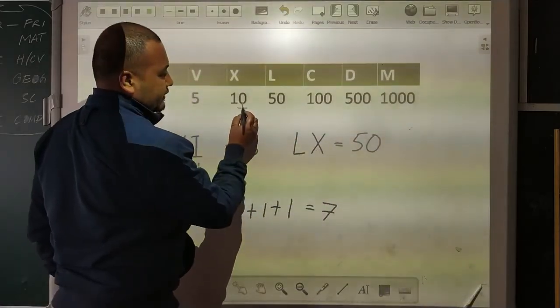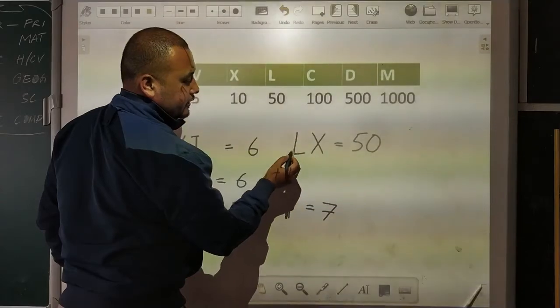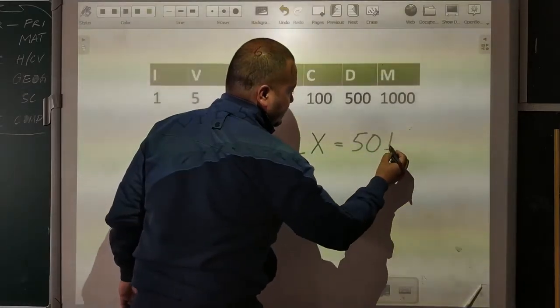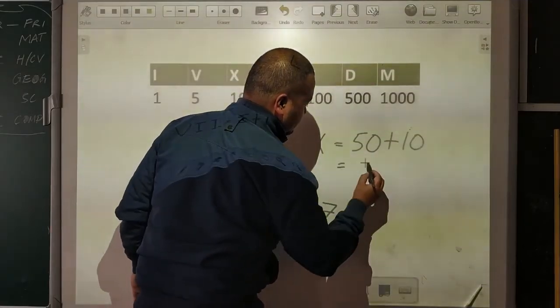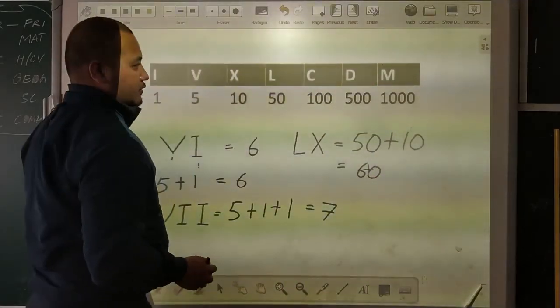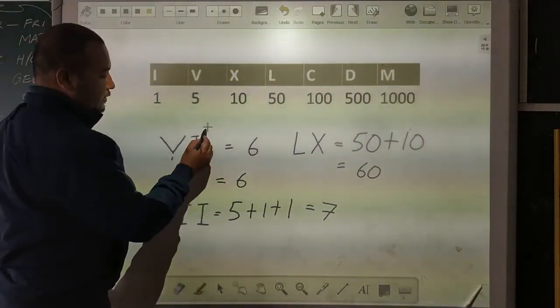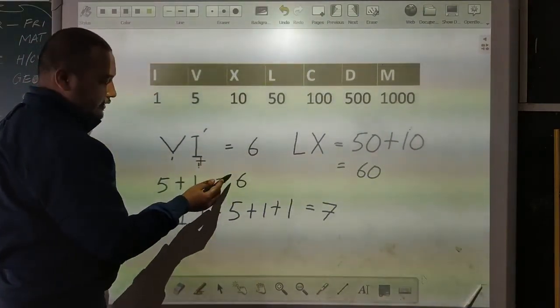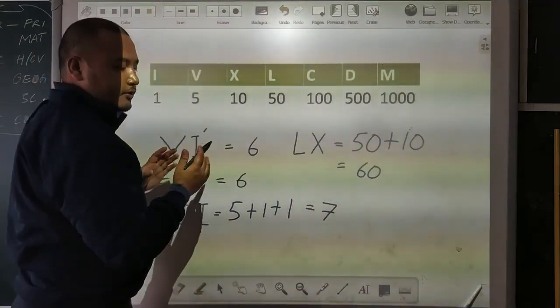X is 10 and it is smaller, and it is on the right side of the greater numeral L. So 50 plus 10 is equal to 60. So the second rule says, if a smaller symbol is written on the right side of a greater symbol, then you just need to add them up.